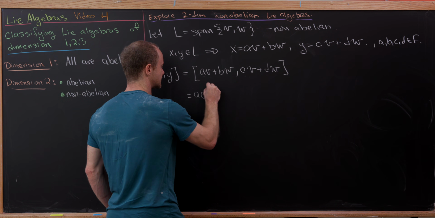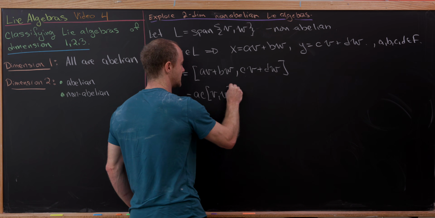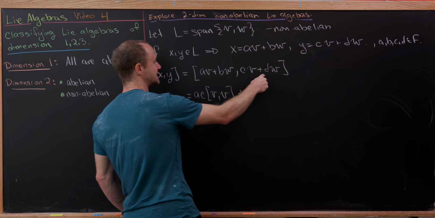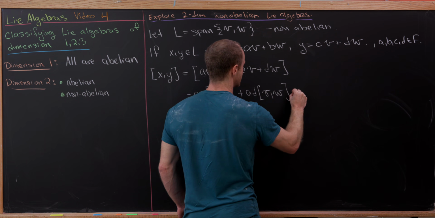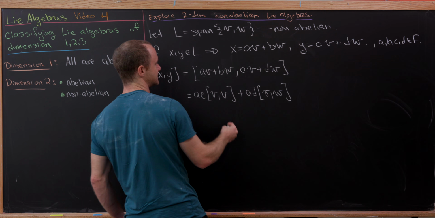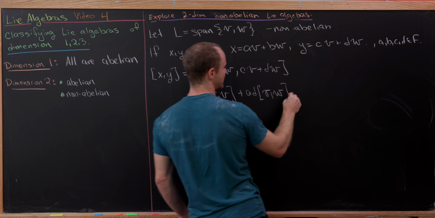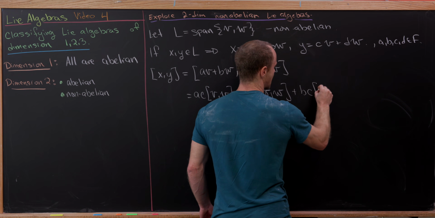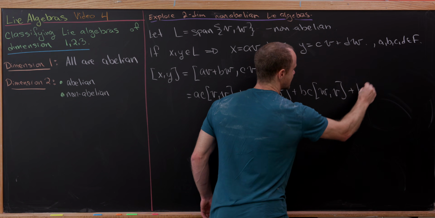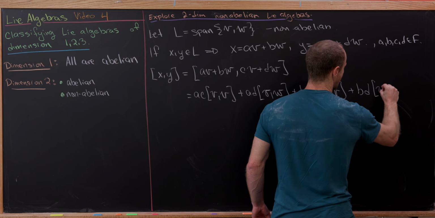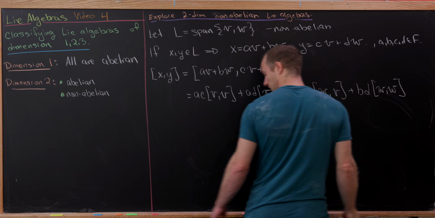So let's write that down. So a times c and then the bracket of v with v, plus a times d and then the bracket of v with w, and then b times c, the bracket of w with v. So let's get that written down. And then finally, we have b times d and then the bracket of w with itself.